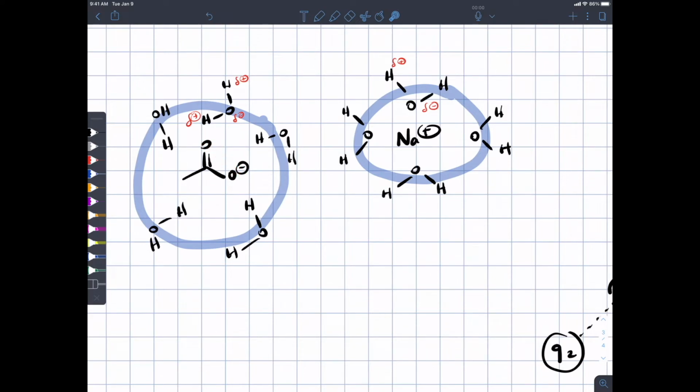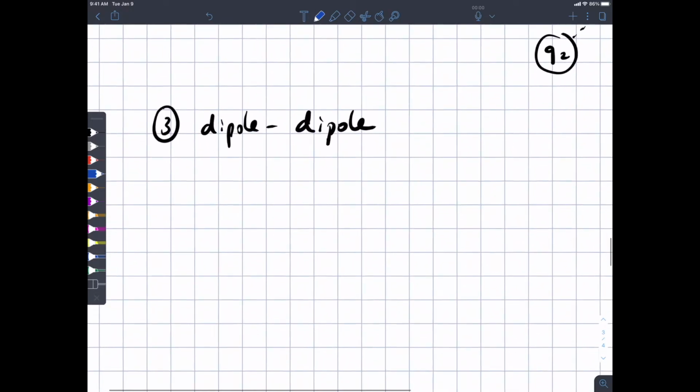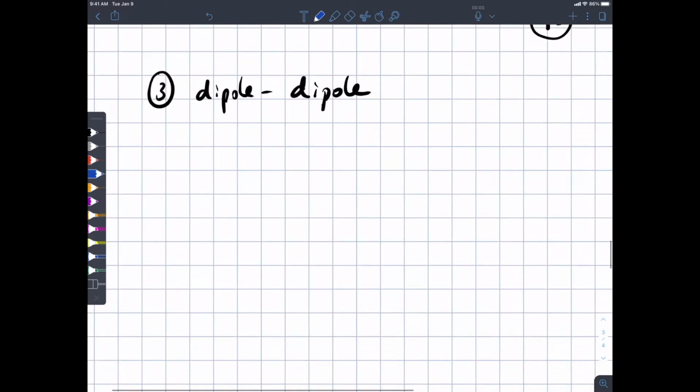We would call that a hydrogen bond, but it's just a dipole-ion interaction. Similarly, if two water molecules were interacting with each other, we would call that a hydrogen bond, but it would be a dipole-dipole interaction.